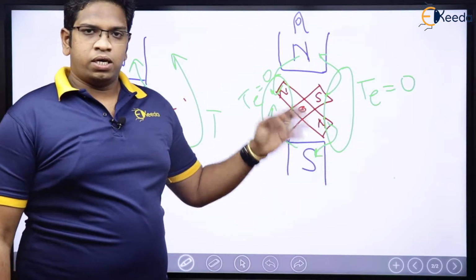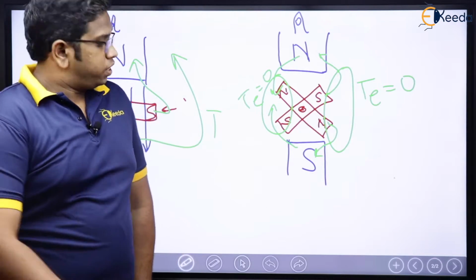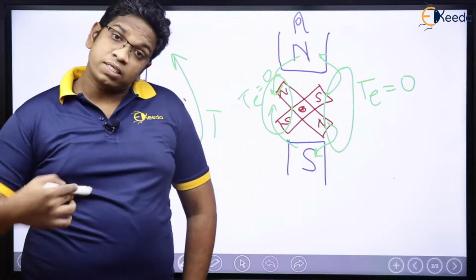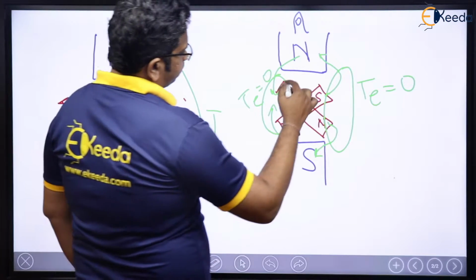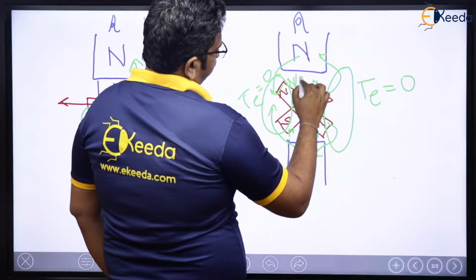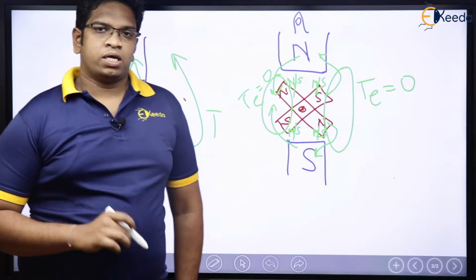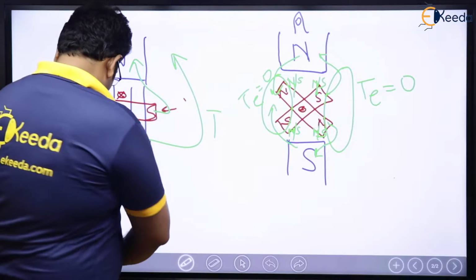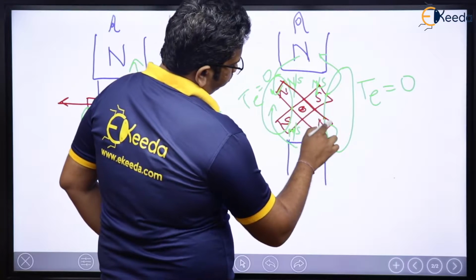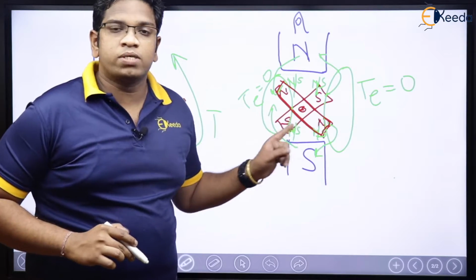Now you will say, sir, we have understood that in this particular case the electromagnetic torque produced will be 0, but why are we only considering north-south? Why are we not considering all the poles as north, or all as south? The reason is, this particular machine which is shown, with north and south poles, is called a heteropolar machine.